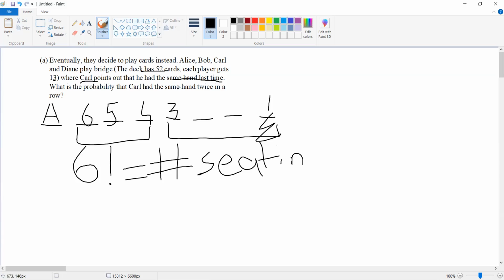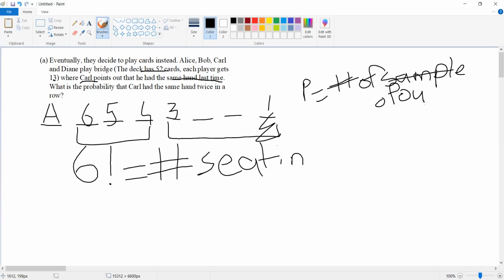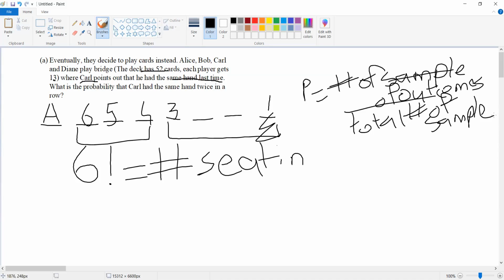So, what's the definition of probability? Sir told us it is the number of sample spaces in that particular outcome divided by the total number of sample spaces.